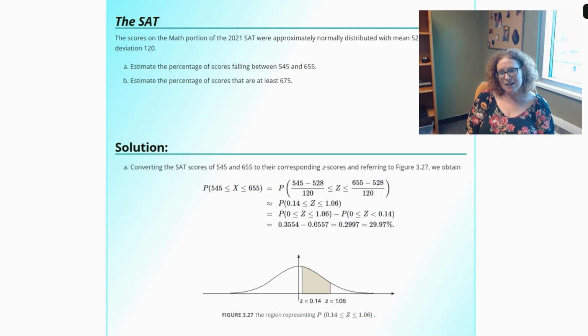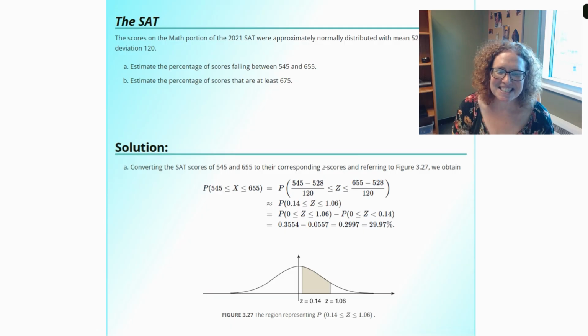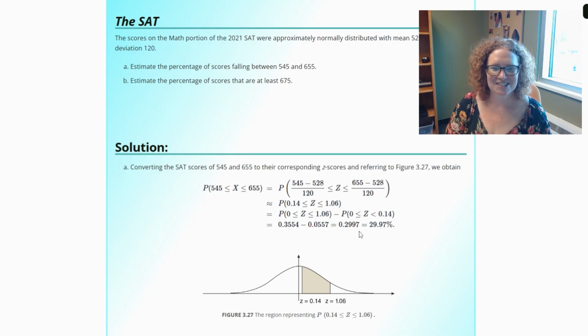Again, we have that x minus the mean, and we are going to say 545 minus 528, divided by the 120, and that's going to give us the z, and we're going to have the probability for that, and we can figure out the percentage.